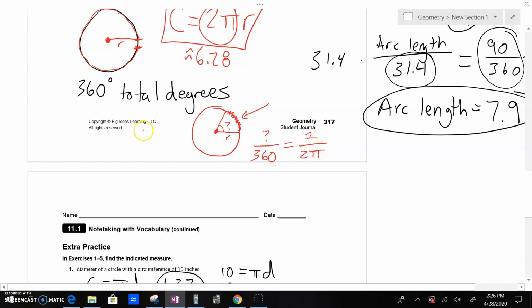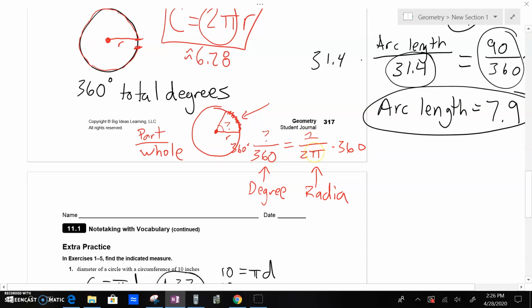So again, think part divided by whole. You do degree part over whole, and you do radian part over whole. And then to solve, you would just multiply both sides by 360. So it'd be 1 times 360 divided by 2 pi, and that number is going to tell you how many degrees are in a single radian.